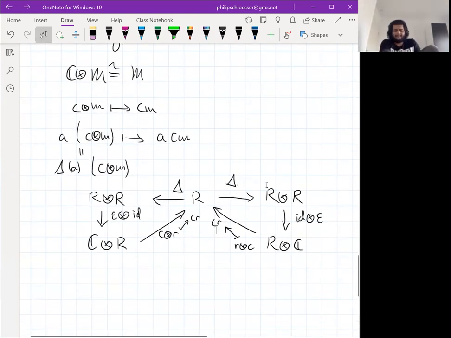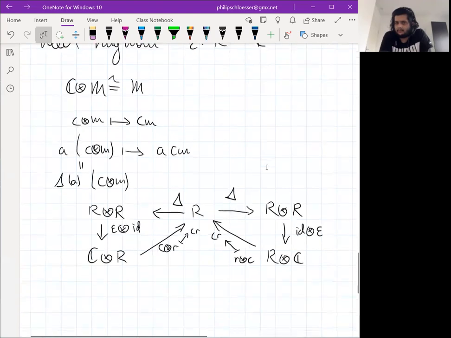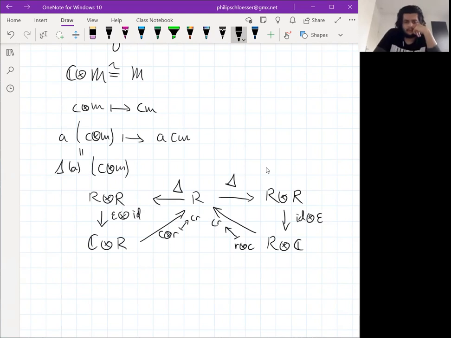Like, I get that the diagram must commute, but what's the implication of all this? Well, it's essentially another couple of rules for delta and epsilon. So there is no intuition.